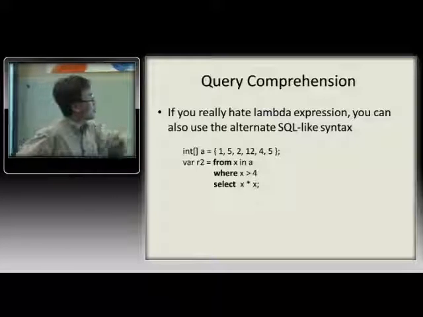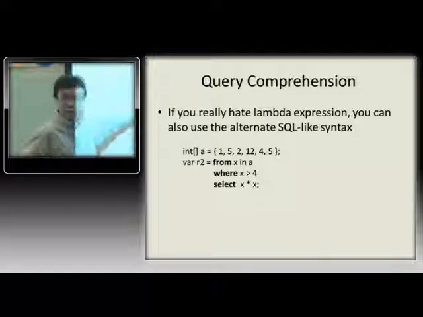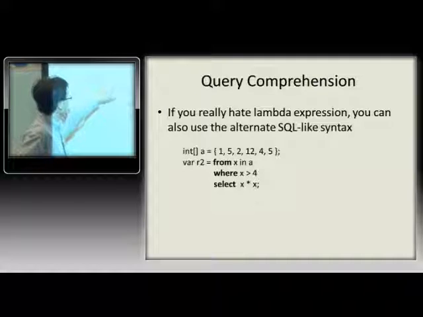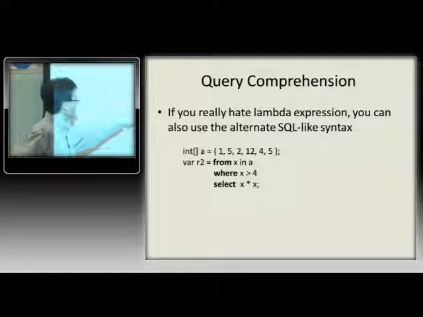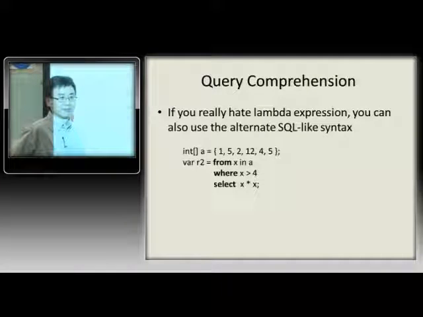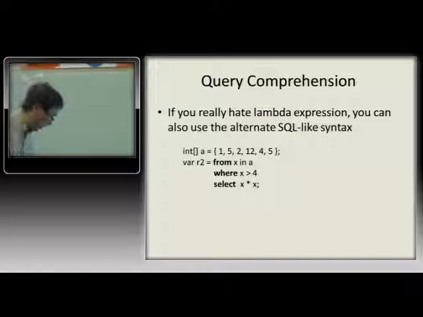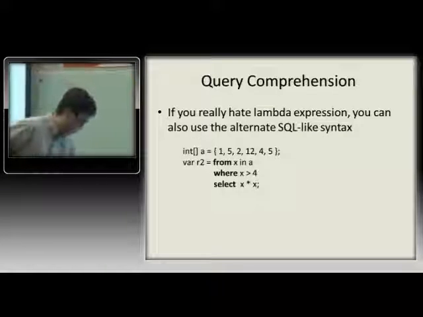For instance, this is your collection, and you say from x in A where x is greater than 4 select x times x. So this is just alternative syntax you can use to write your programs.